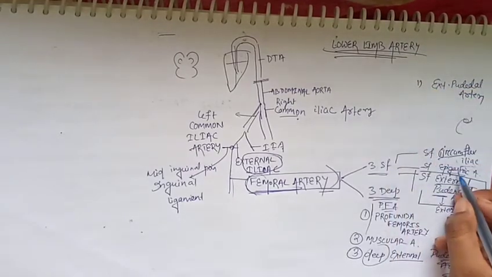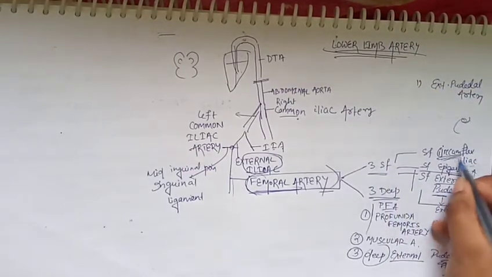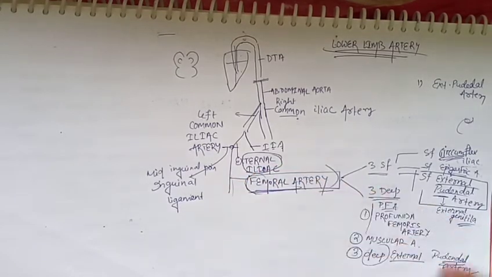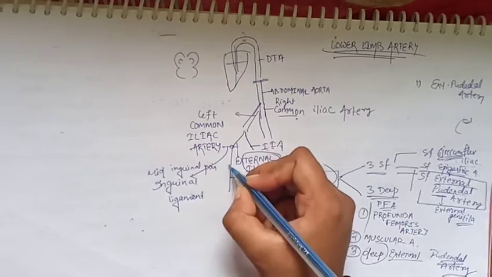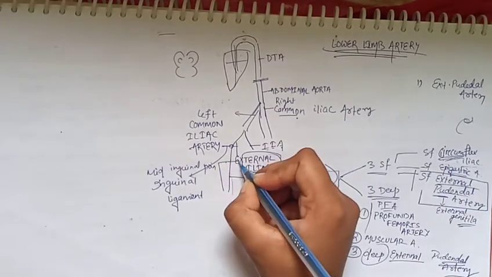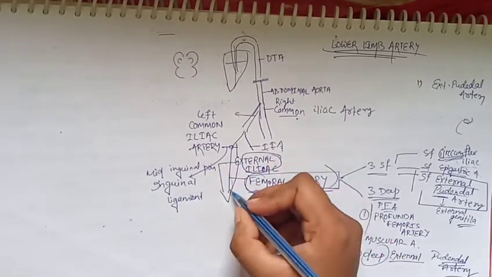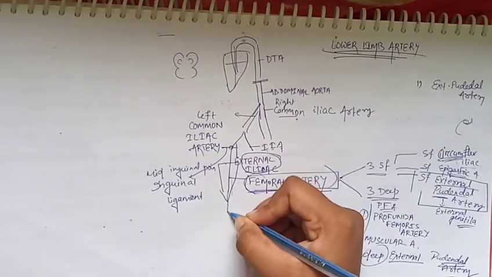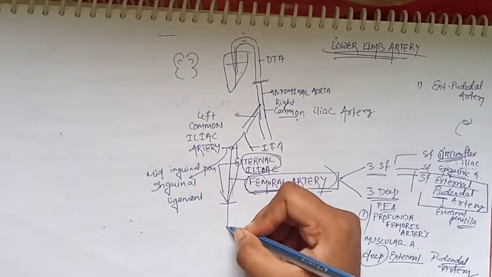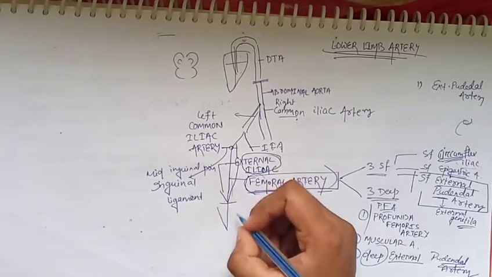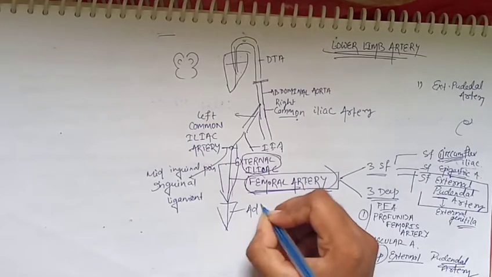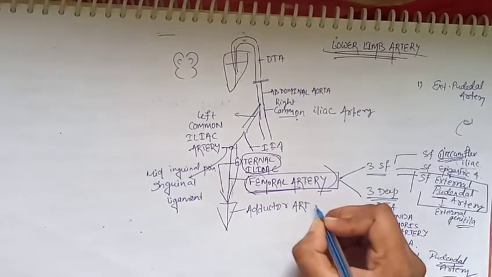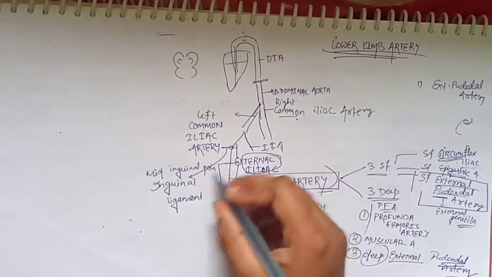Then the circumflex artery is superficial, whereas the profunda supplies along the course of the femoral artery. It first enters the thigh through the femoral triangle, then continues through the adductor canal. The branches of the femoral artery are first given in the femoral triangle.